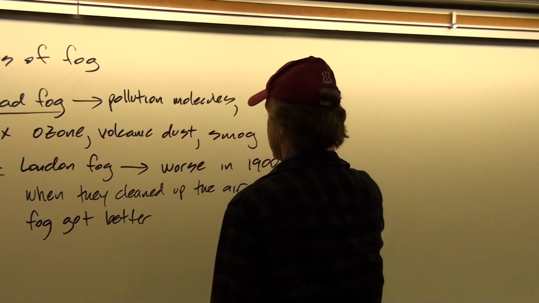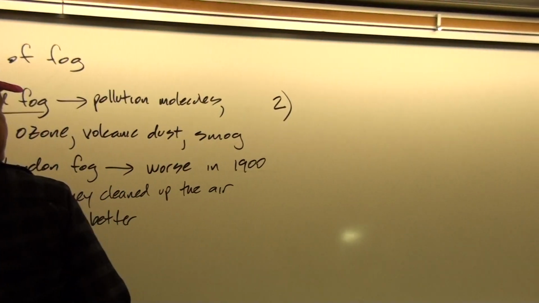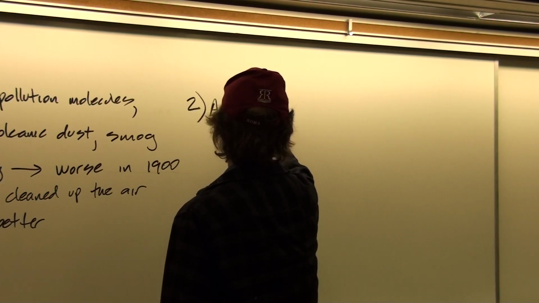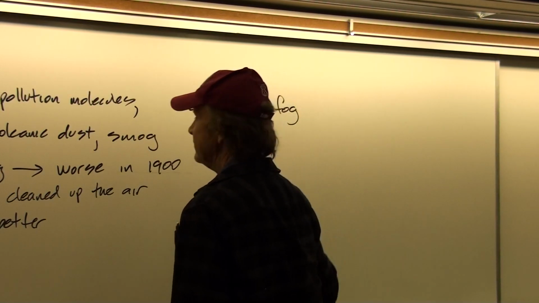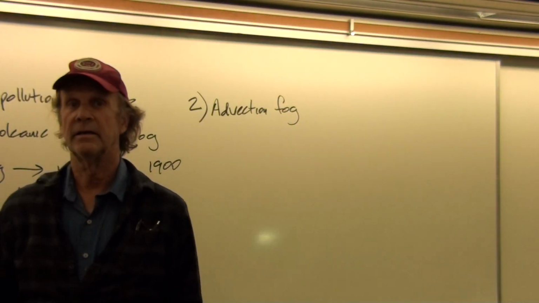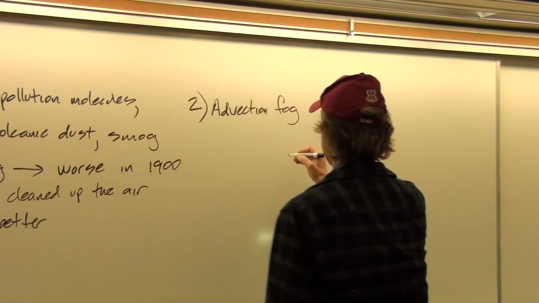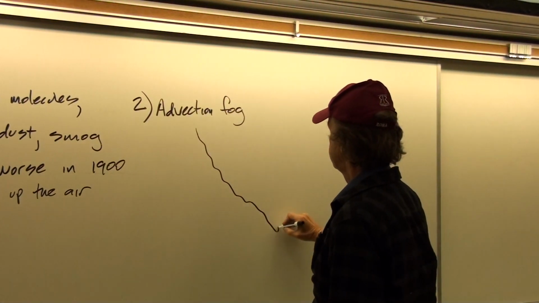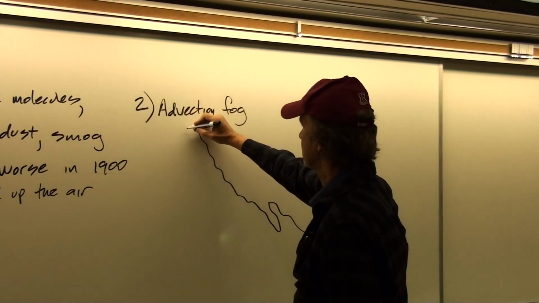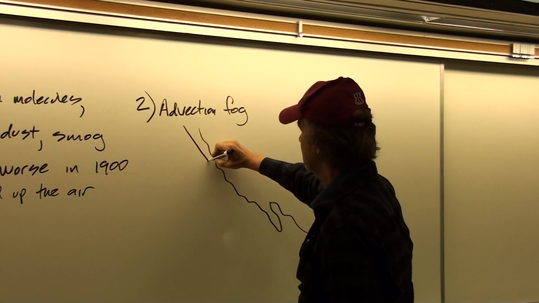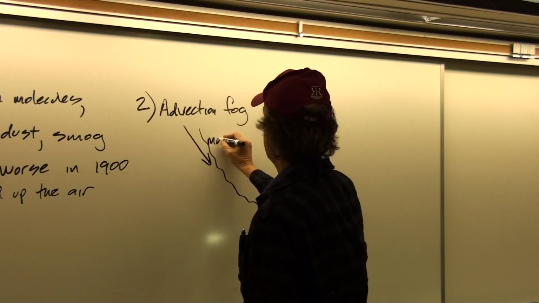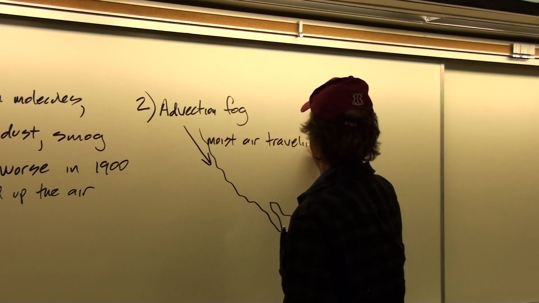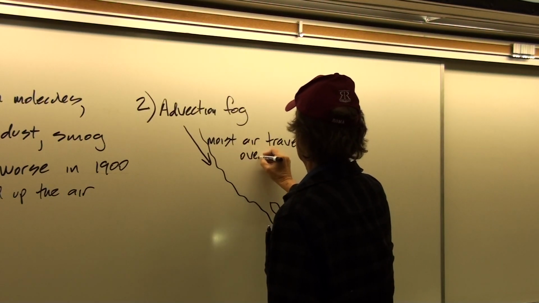Another type of fog has to do with what's called advection. Now that's the kind of fog we tend to get in California. Advection fog is associated with moist air traveling over cold water.